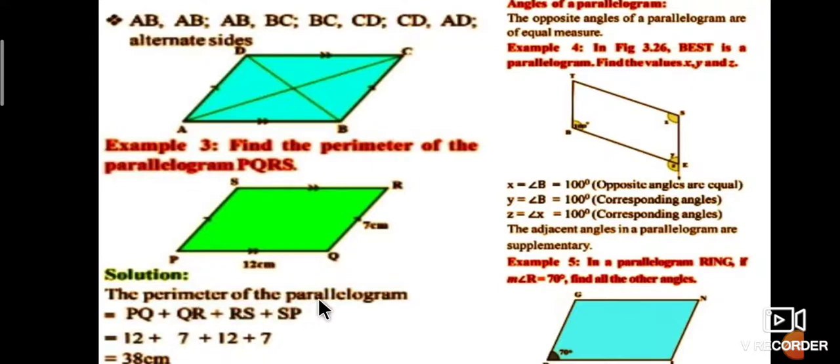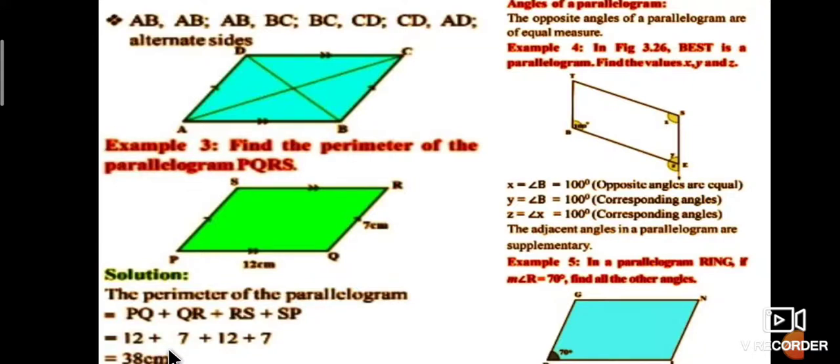Therefore the perimeter of a parallelogram is equal to the sum of all four sides. Therefore PQ plus QR plus RS plus SP. There PQ is equal to 12 centimeter, given.